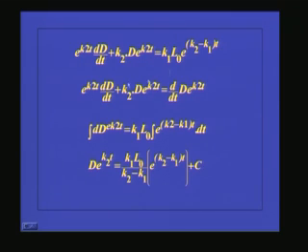This term, e raised to K2 t into dD/dt plus K2 D into e raised to K2 t, is nothing but d/dt of D into e raised to K2 t. So we can write the integral of d of (D e raised to K2 t) is equal to K1 L0 into the integral of e raised to (K2 minus K1) t dt.